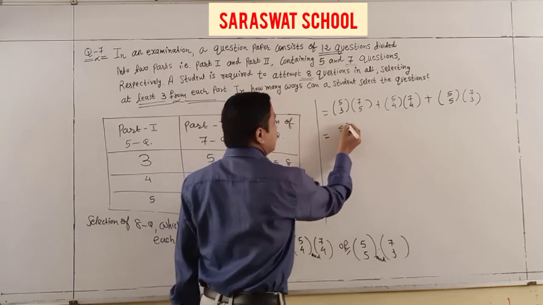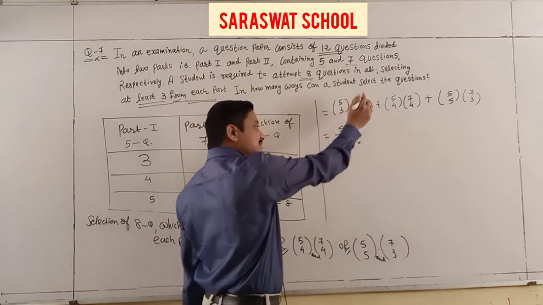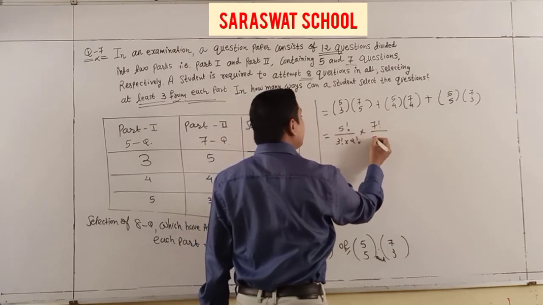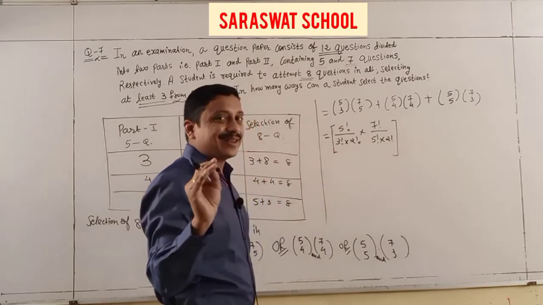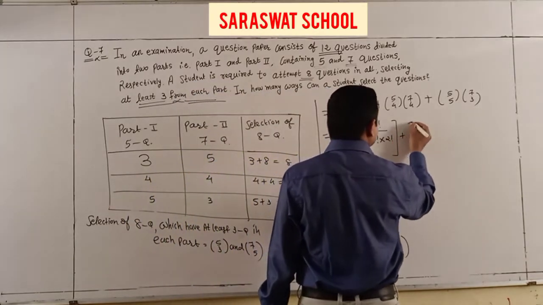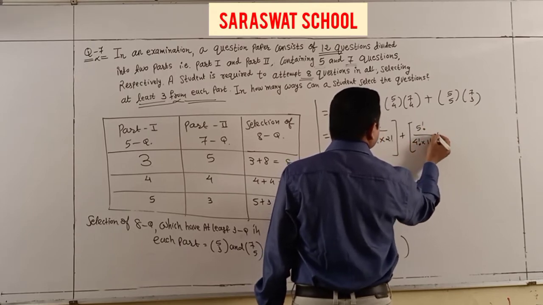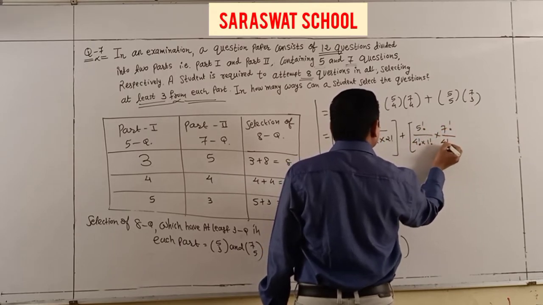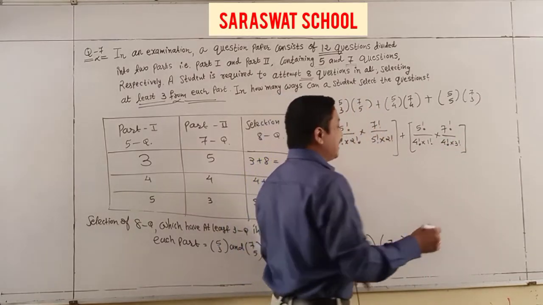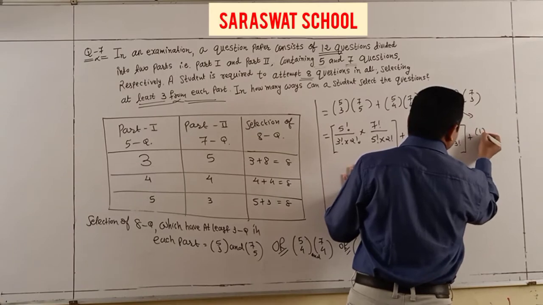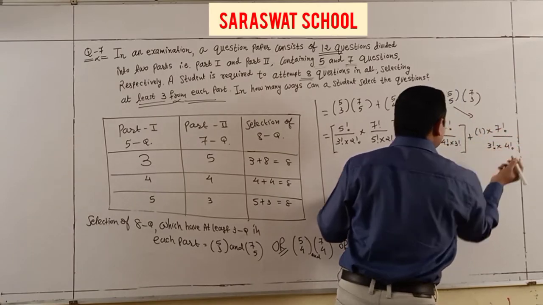5 factorial over 3 factorial 2 factorial is 5C3, same as 7C5, which is 7 factorial over 5 factorial 2 factorial. That first term is easily calculated. Next, 5 factorial over 4 factorial 1 factorial, and 7 factorial over 4 factorial 3 factorial is 7C4, and last, 5C5 is definitely 1, and only 7 factorial over 3 factorial 4 factorial.